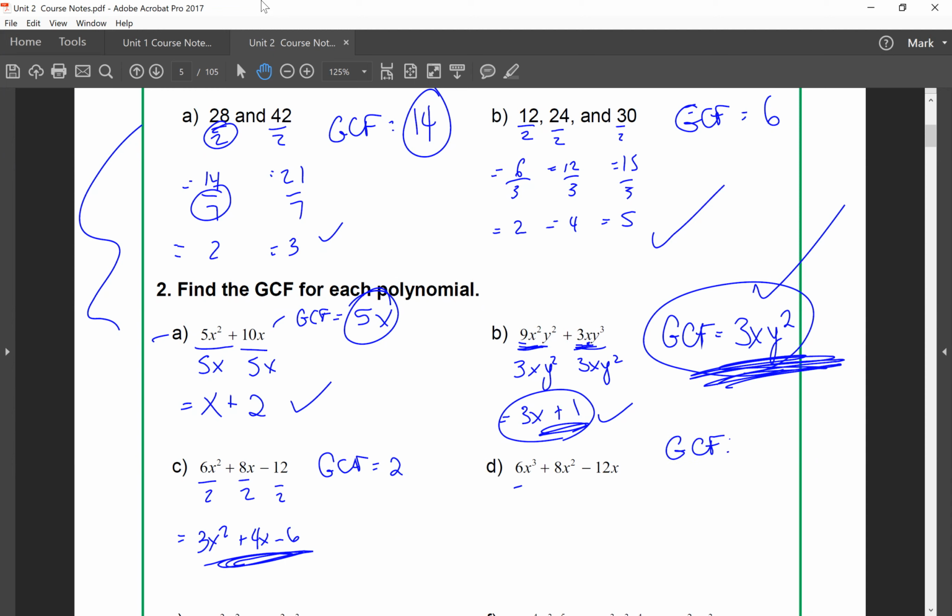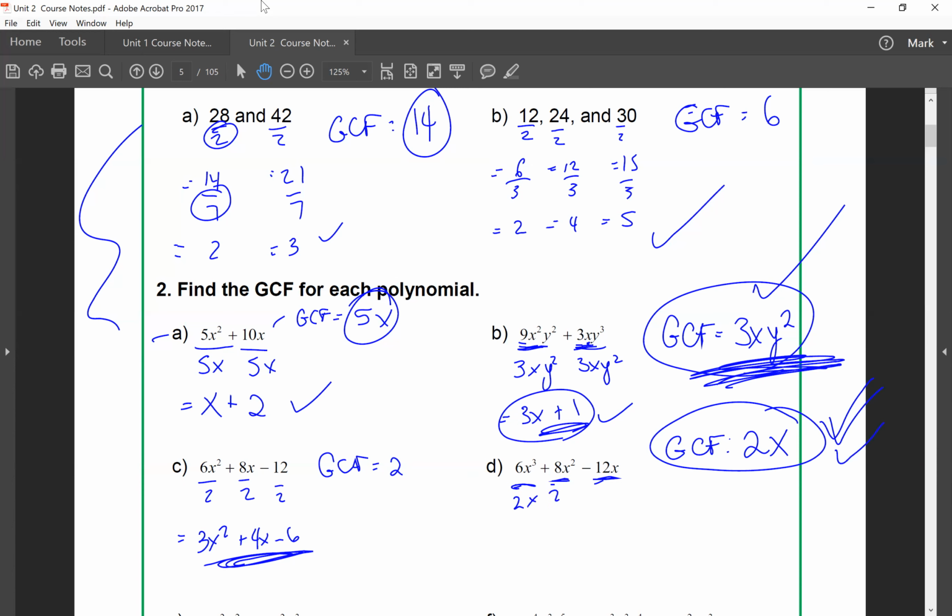With 6, 8, and 12, you could take a 2. You can't take a 3 or a 4, so we take a 2 away, and we could take 1x away. To answer Nasser's question, this is it. 2x, you're finished. But I just want to see what happens.